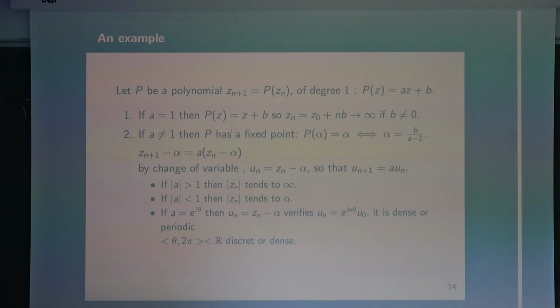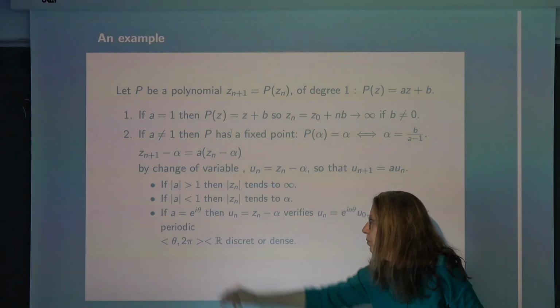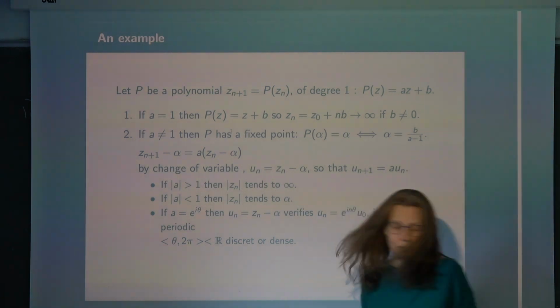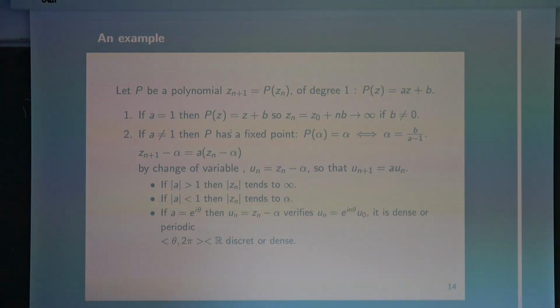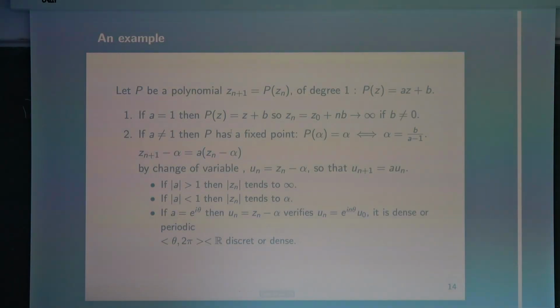What you see here is that you get a subgroup of R, because you have plus Kp, and you know that the subgroups of R are either discrete or dense. So it means that on the circle, the orbit is discrete or dense. So it's very simple.